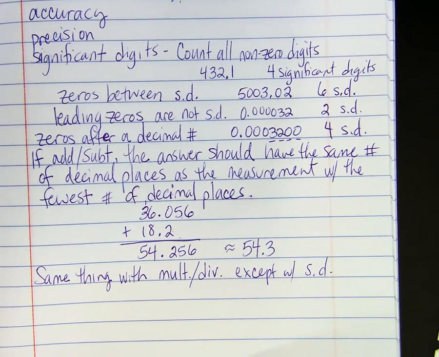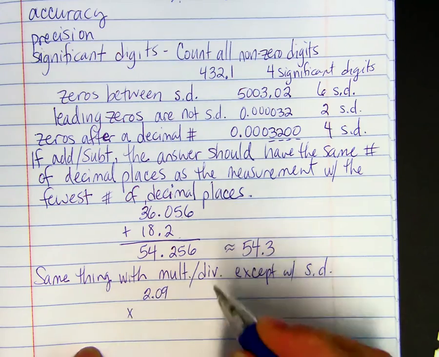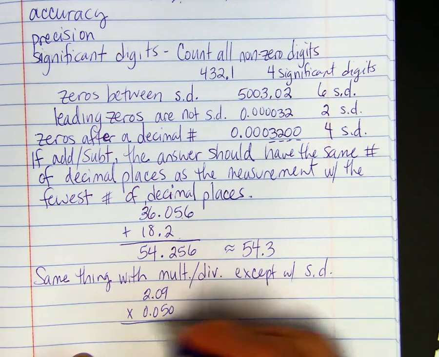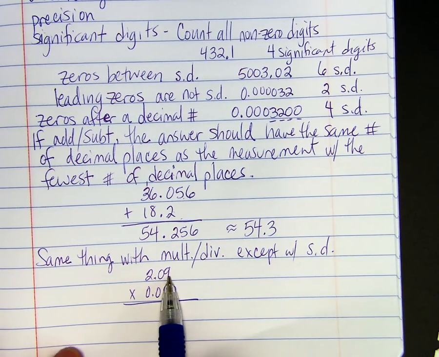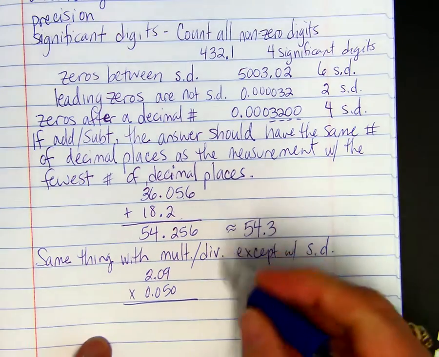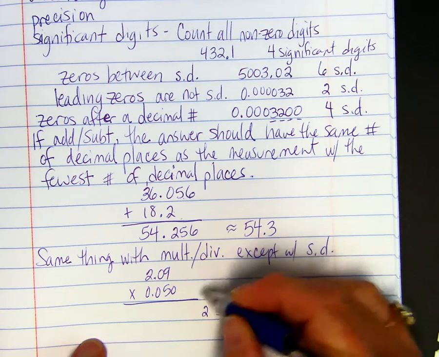So when you are multiplying two numbers, let's do 2.09 times 0.050. This one has 3 significant digits. This one has 2 significant digits. So your answer should have 2 significant digits.